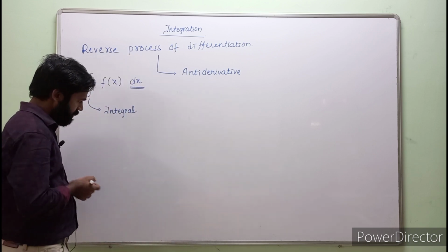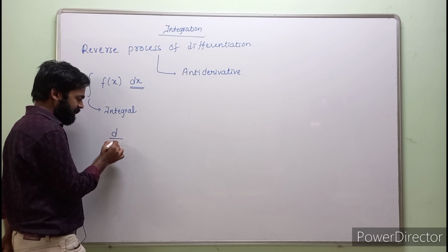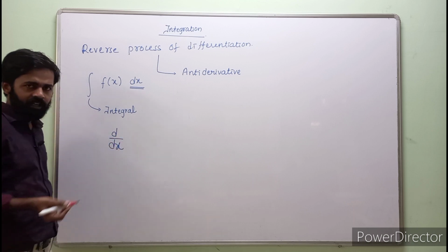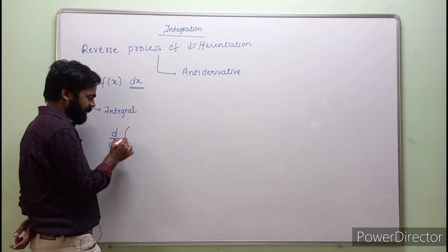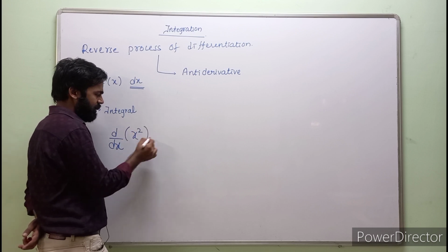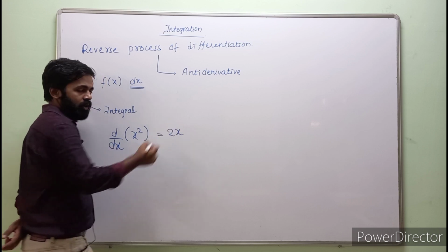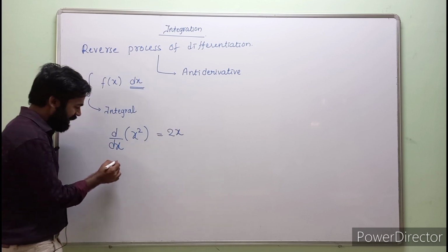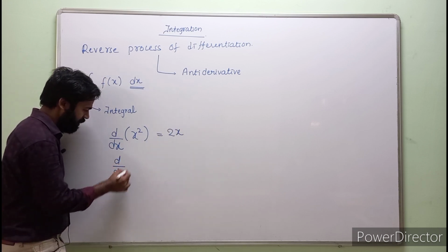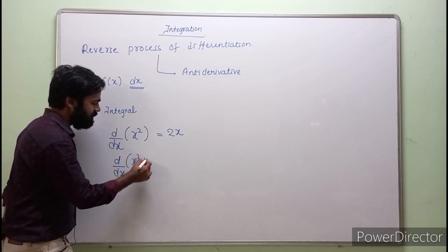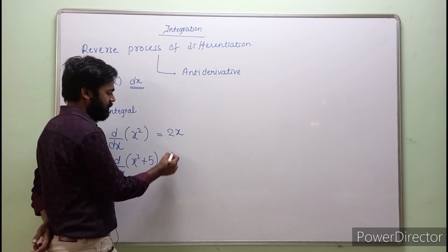What I mean is, we represent a derivative using d by dx, right? So now d by dx of x square is what? Differentiation of x square is 2x. d by dx of, let's take, x square plus 5 is what?